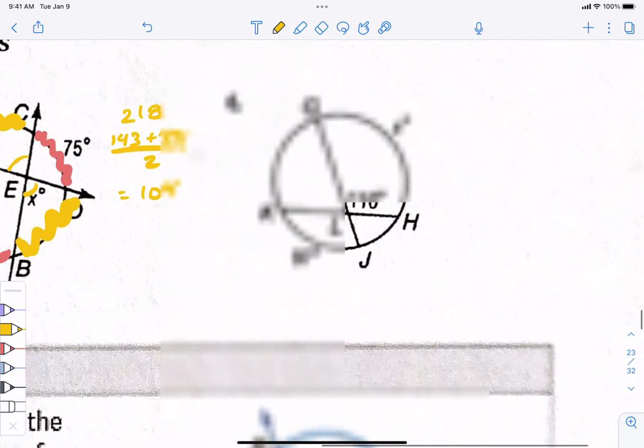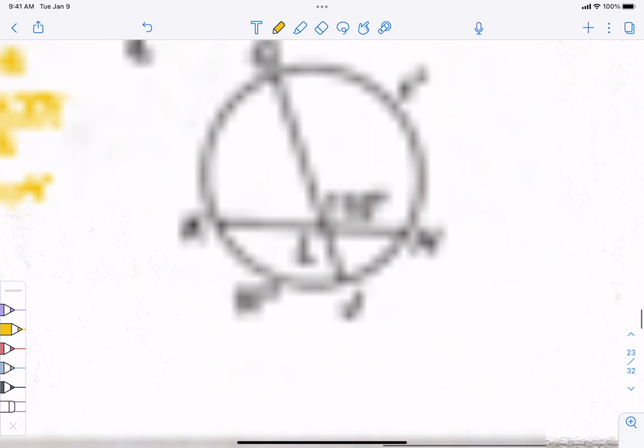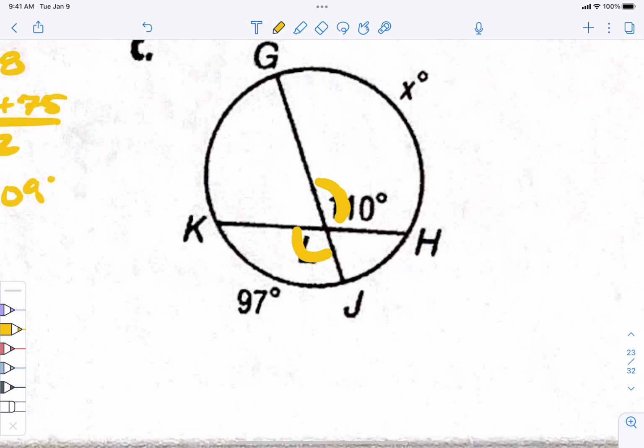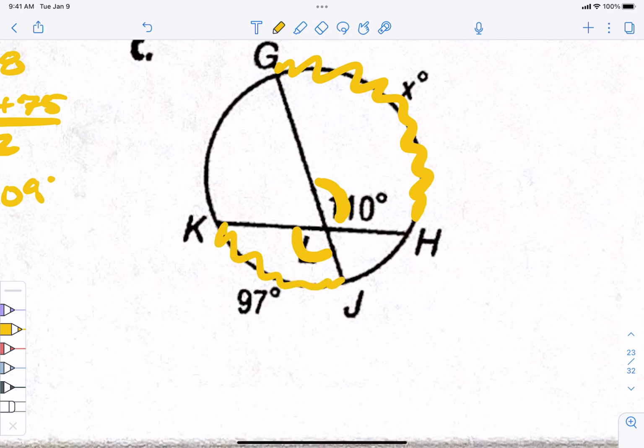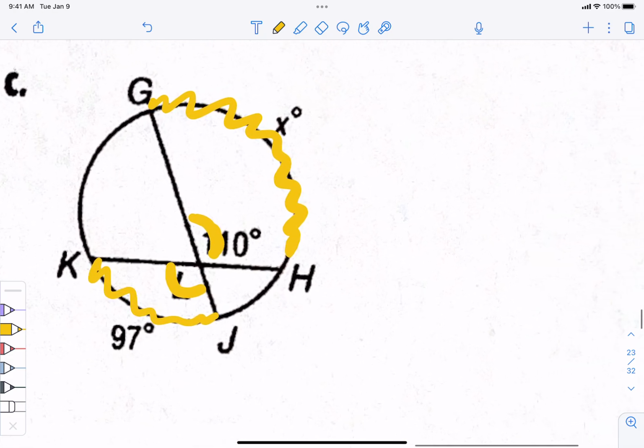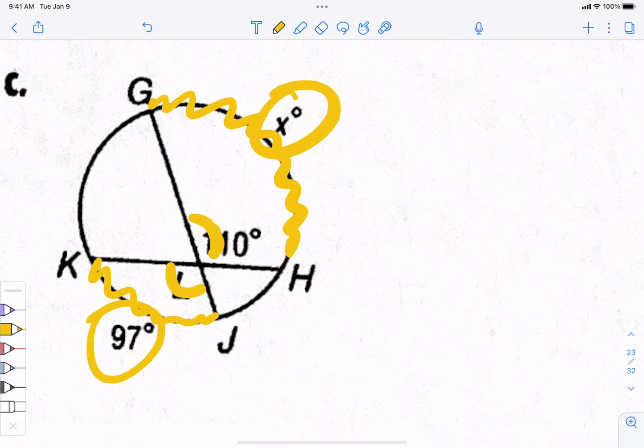C is a little bit harder because now they're giving you this inside angle is 110, each one of those. And then when you find the arc right here, they say that that's 97. What's the other one? How do we do that? 110 equals 97 plus x over 2. So we would take x and add it to 97.